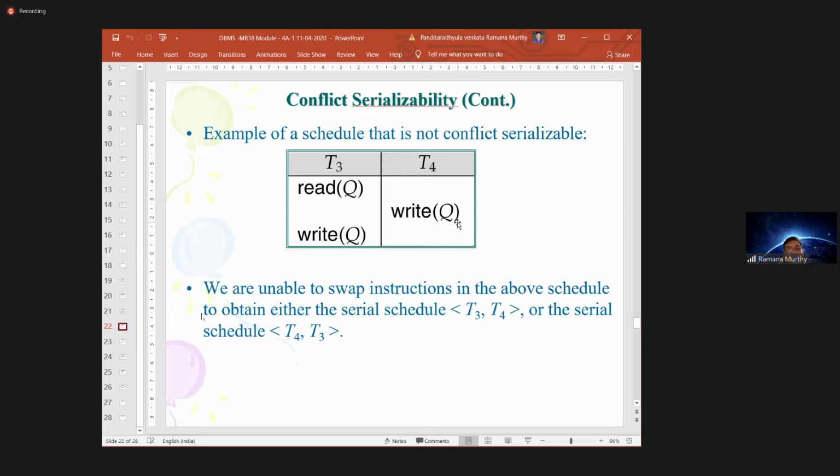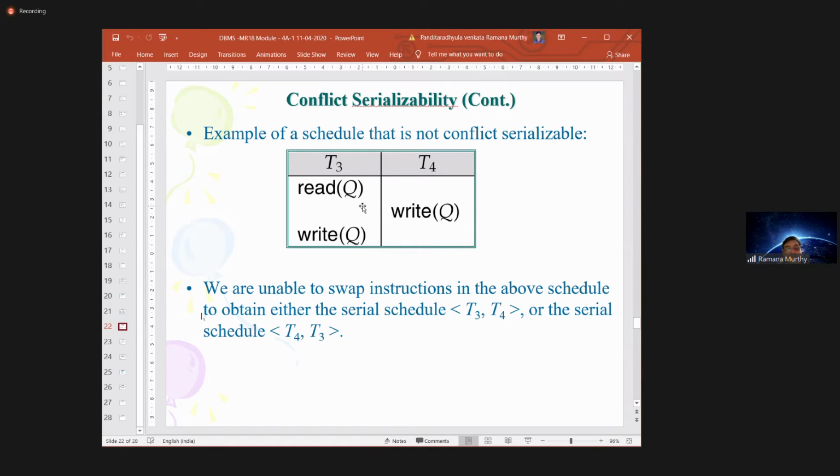What is the serializable schedule? All operations of T3 first, then all operations of T4, or all operations of T4, then all operations of T3. Whether we can obtain that or not, we'll see. This is the given schedule, and as per the pre-commitments, they have to execute the operations in this fashion.